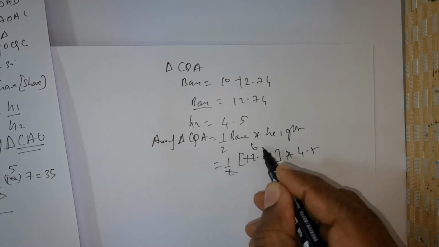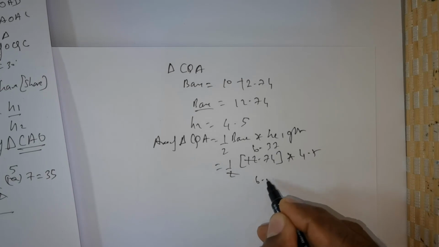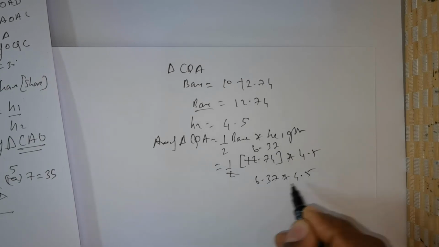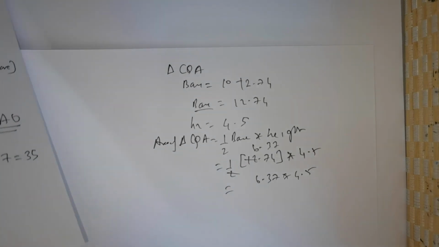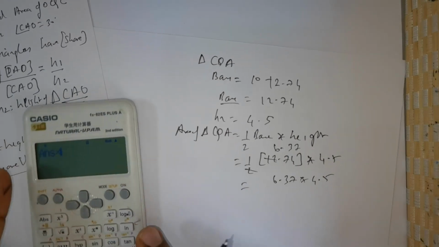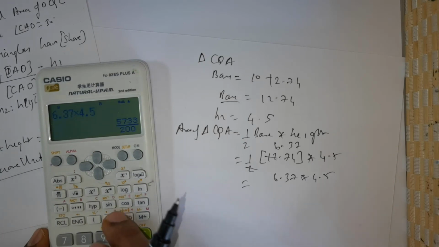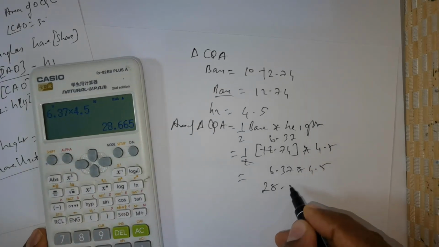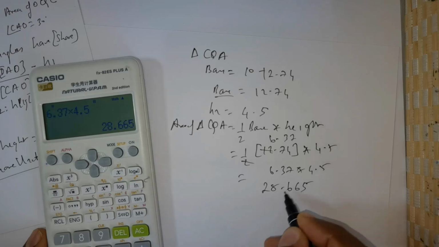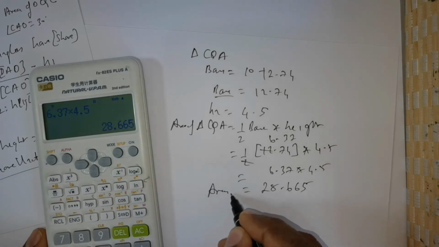Half of the base is 6.37. So 6.37 multiplied with 4.5 gives me 28.665. This is the area.